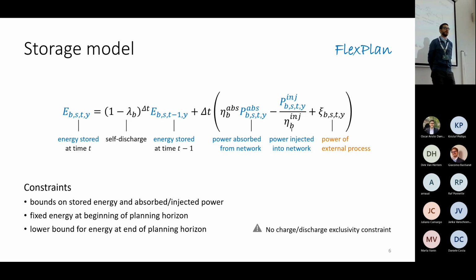It may happen that in some time step a storage device would both consume and inject power. Otherwise, to include this exclusivity constraint would mean adding more integer variables to the problem, and it wouldn't be acceptable for a huge grid size.